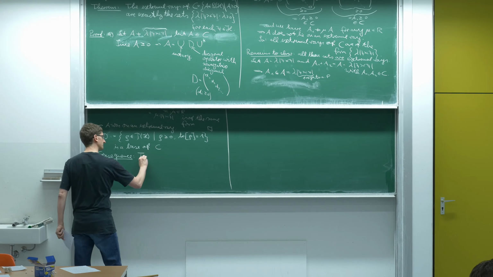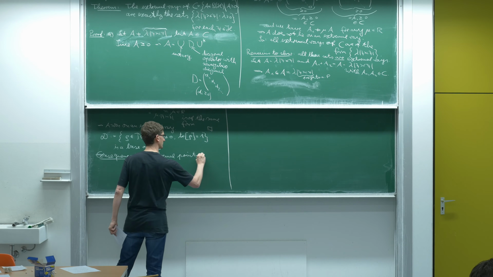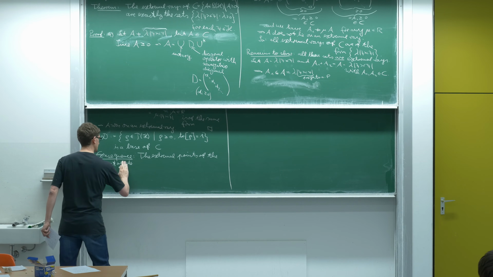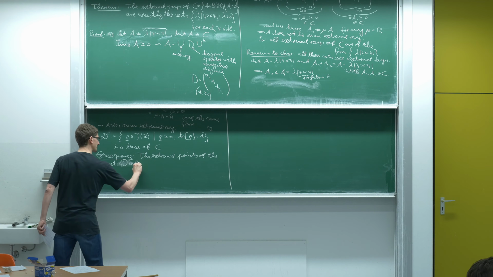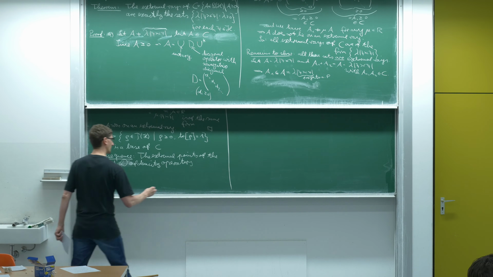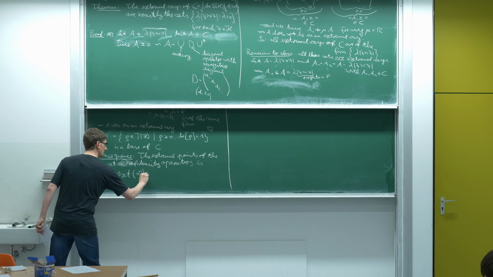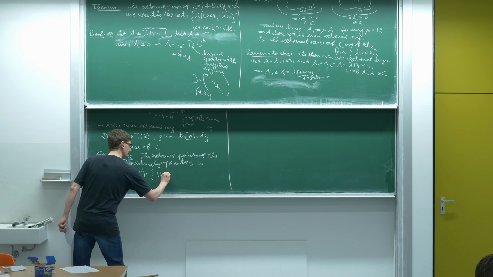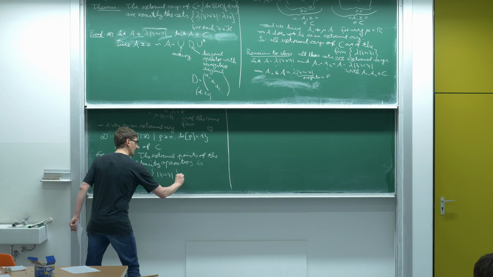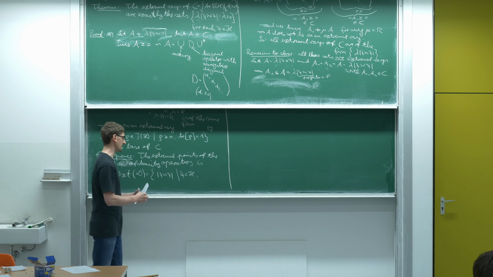the set of extremal points of the set D of density operators is the set of ket-bra operators |psi><psi|, where psi is an element of the Hilbert space, and the trace of |psi><psi| is equal to 1.